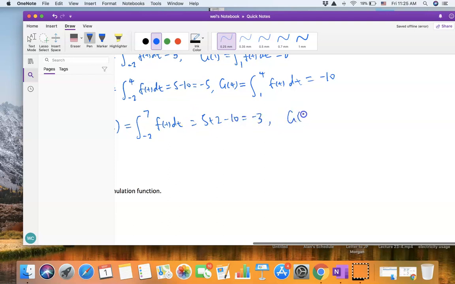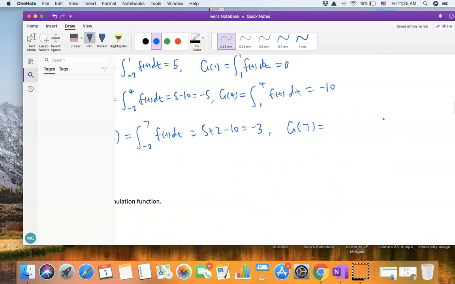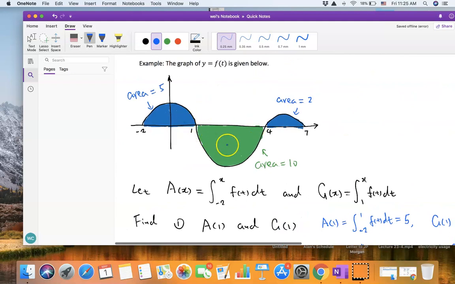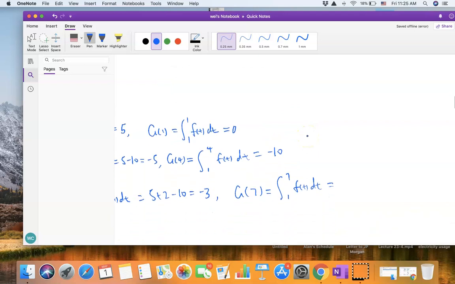And G of 7 equals the integral from 1 to 7 of f of t dt, which is 2 minus 10. So it's negative 8.